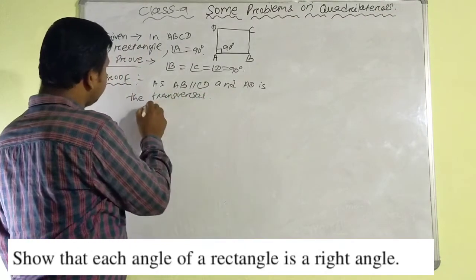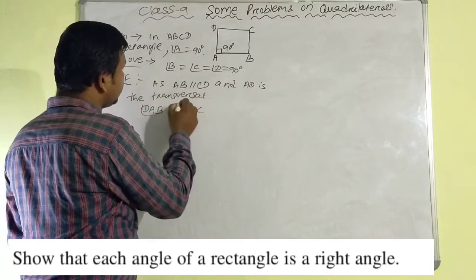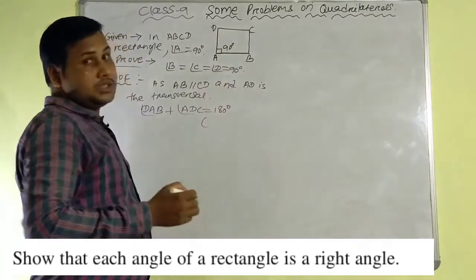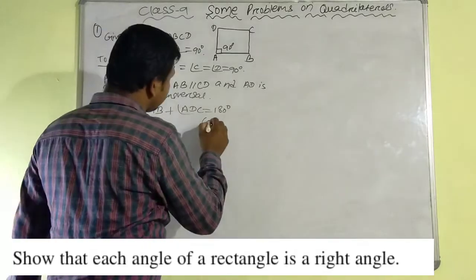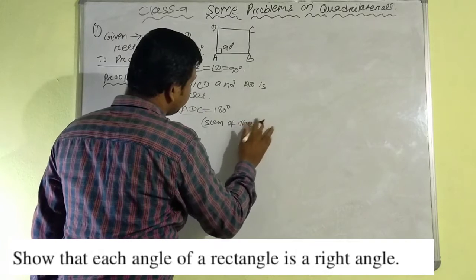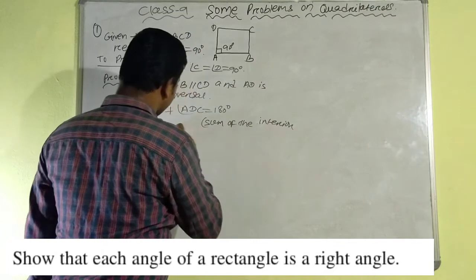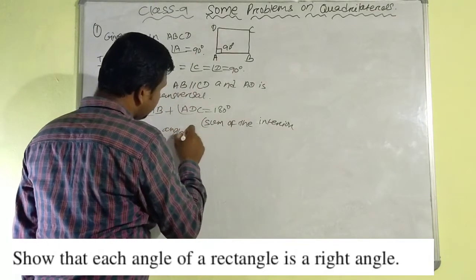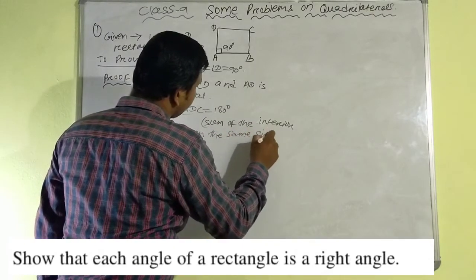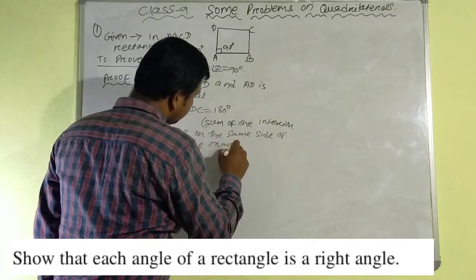Hence, we can write angle DAB plus angle ADC equal to 180 degrees, as the sum of interior angles on the same side of the transversal.